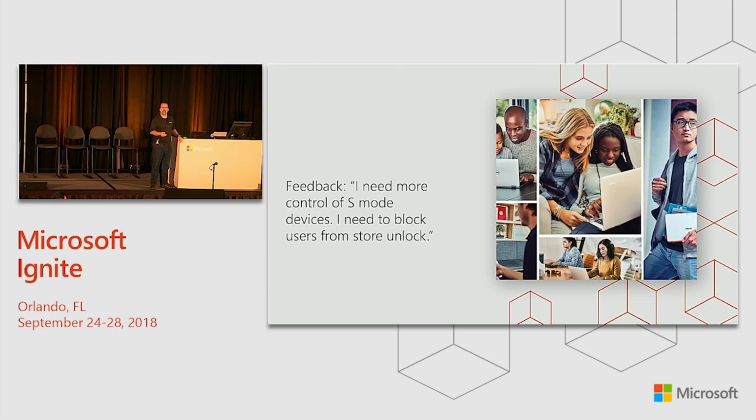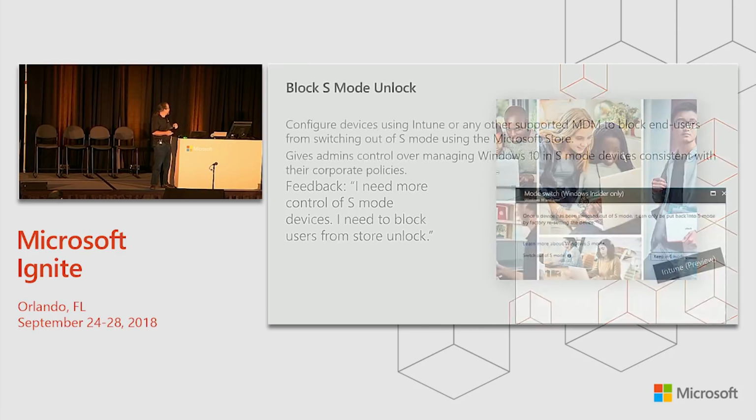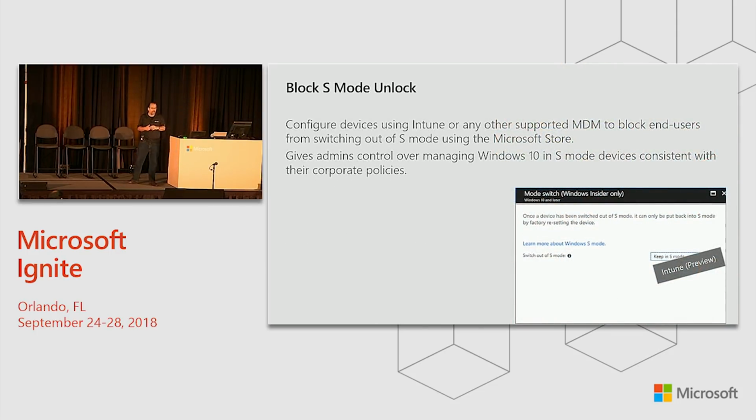And so that way they could rest assured that, okay, I may own the box, but I'm still limited as to what I can do. But what were the users doing? They were going into the store and unlocking it into actual Pro. So what we've done is we have created a way to go in and block S mode unlock through Intune, coming down through an MDM policy as well.